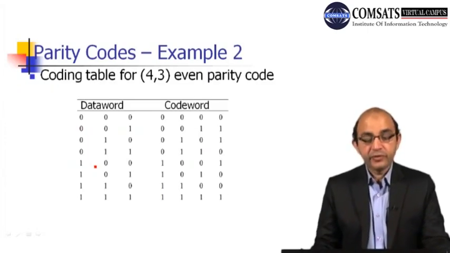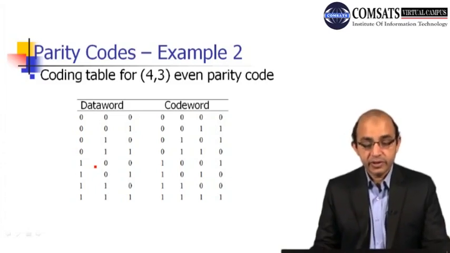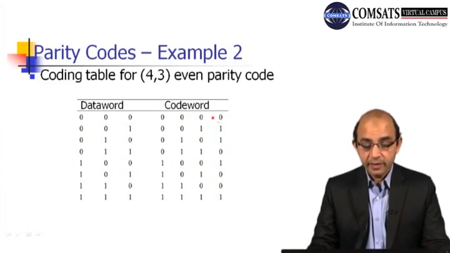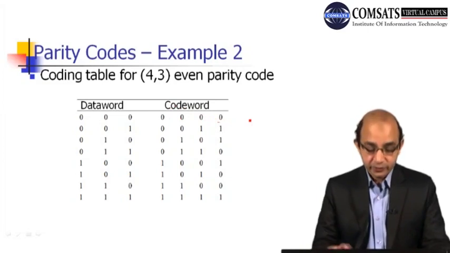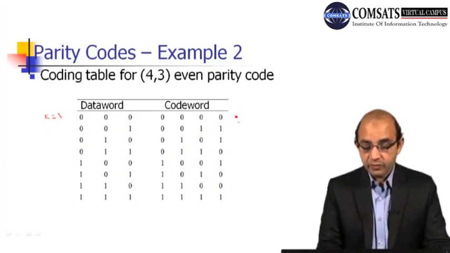Here we have mentioned the table, so we can use the table straight away. The length of the data word is 3, and after the addition of the parity bit we have the code word, and you can see the number of bits is now k plus 1. Here k is equal to 3, and the length of the code word is n equal to k plus 1, so 3 plus 1 is 4.